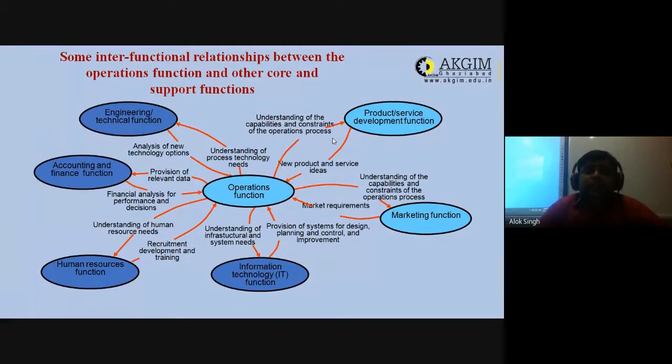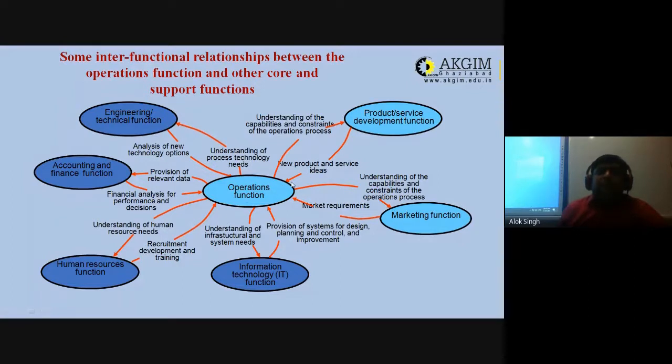So if they are able to produce on a large scale, then only I will provide them new product or service idea, new process or technology idea.